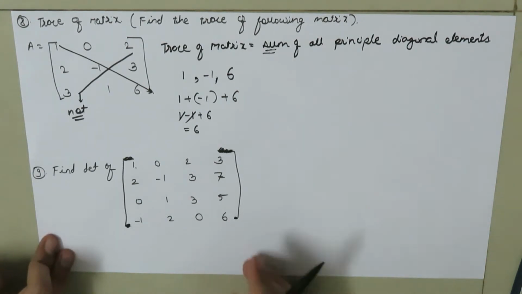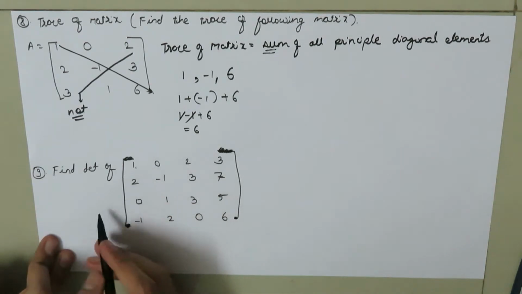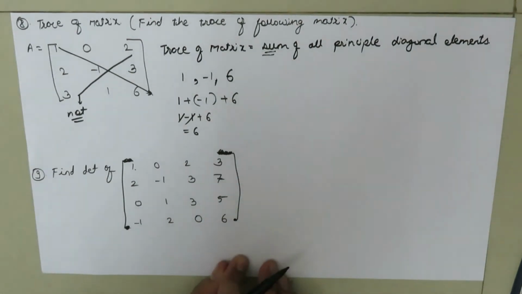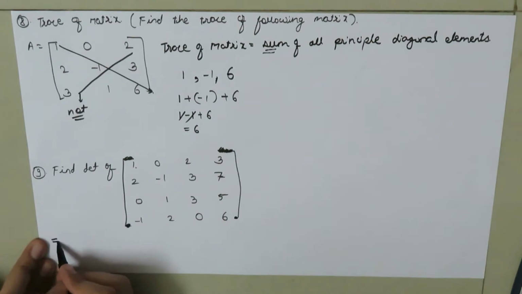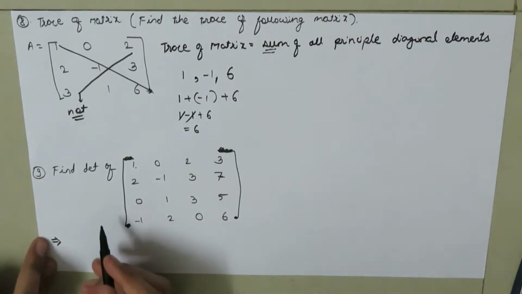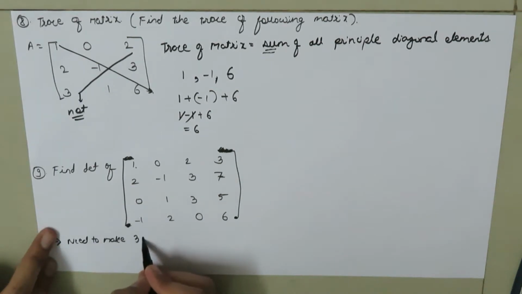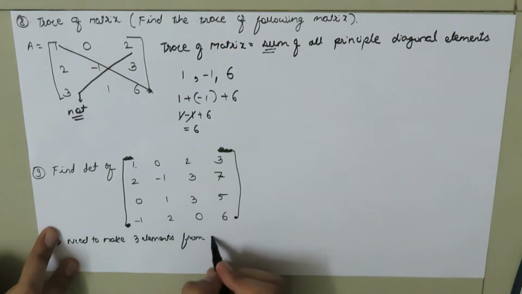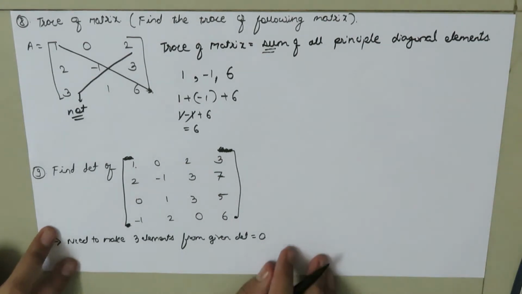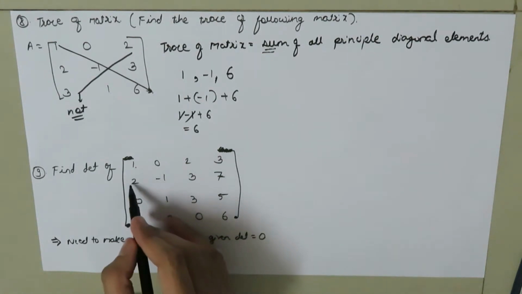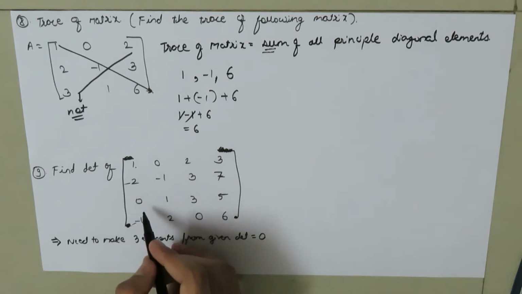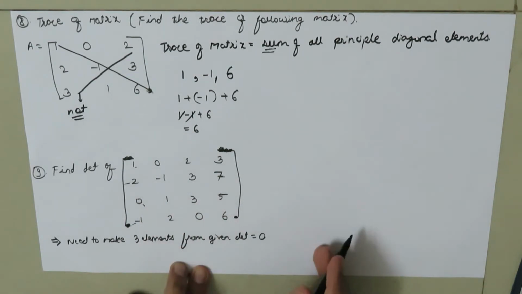What we can do, in order to reduce our time to find the determinant, is make 3 elements of the given determinant equal to 0. So let's try this by making these elements equal to 0, because here we already have 1 and 0.